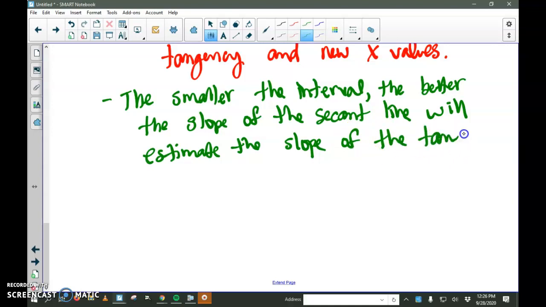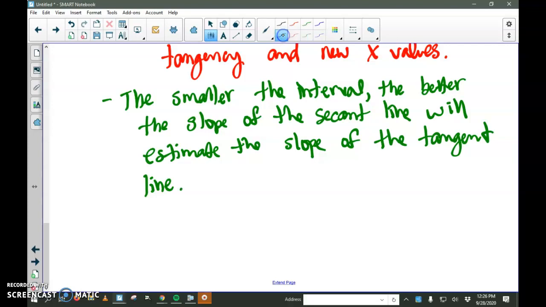And again, if you need to watch that Desmos video again, that's the idea that I'm picking x values either on the right side or the left side of that point of tangency. And I move those x values closer and closer to that point of tangency. If I find the slope of the secant line using those 2 points, the closer my x is to the given x value, the point of tangency, the more accurate the slope of the tangent line will be.